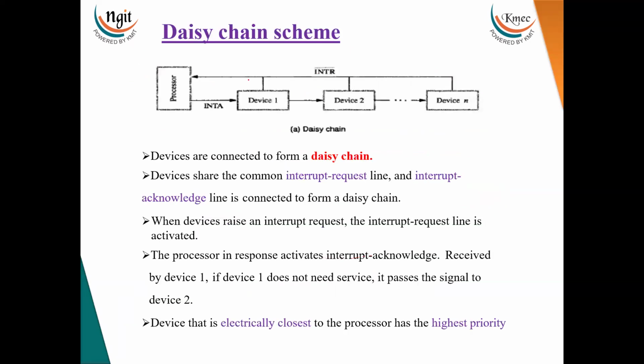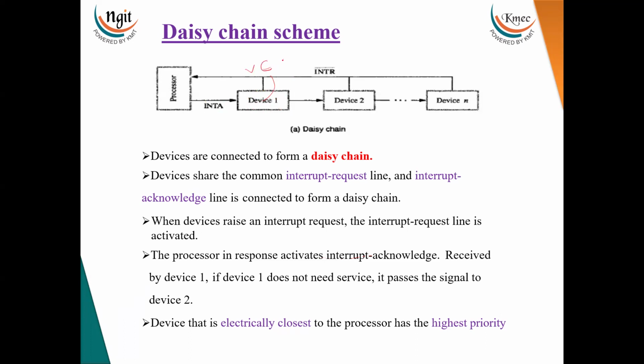Here, only one interrupt line is there, and all the devices are connected to this interrupt line. Whenever a device requests an interrupt, it is placed on this line, and the microprocessor receives the interrupt. Thereby, it will send the acknowledgement signal to the first device, device one. If device one has already generated the interrupt, then this acknowledgement will be blocked by device one, and it will place the vector code onto the data bus.